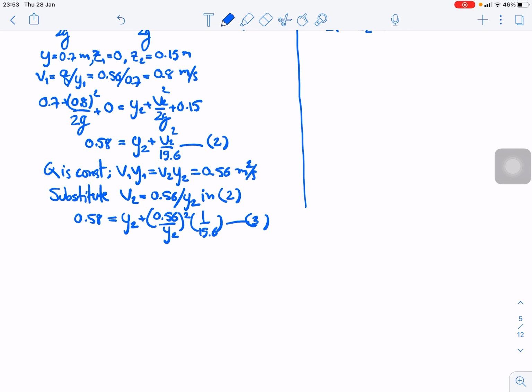Okay, we can rearrange this again to multiply y2 squared on every term. So we got the power 3 function.